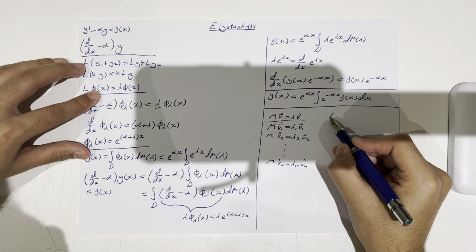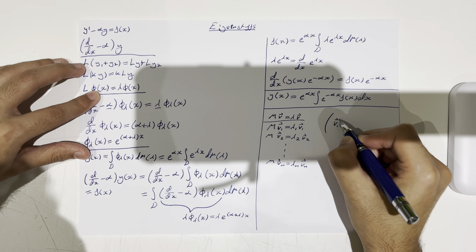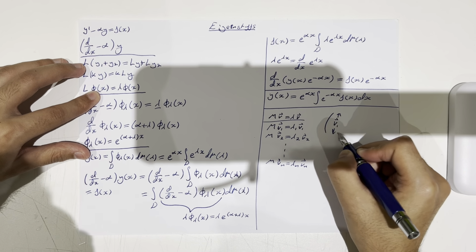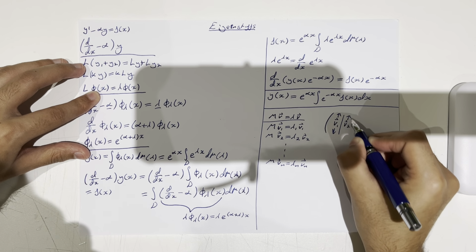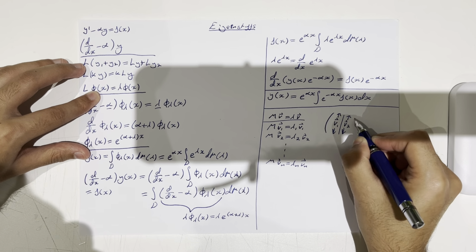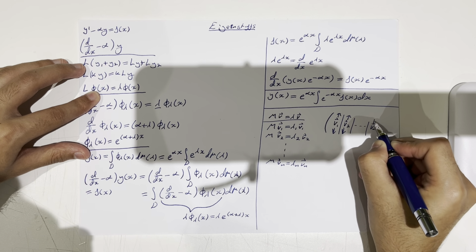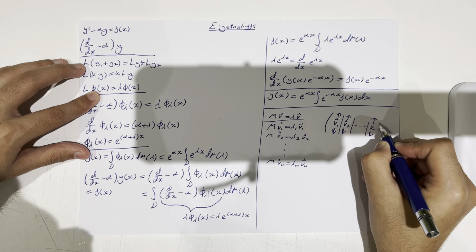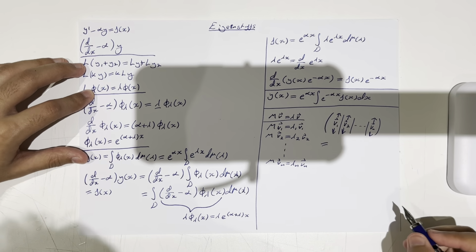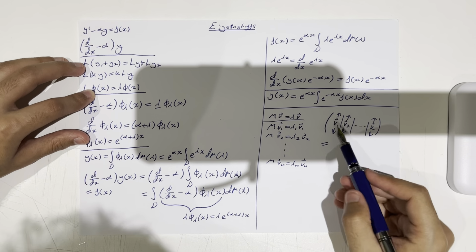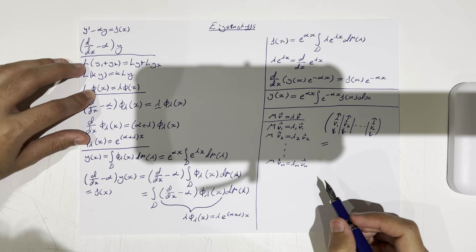So we may write a matrix that looks like this, v1, v2, and this can be written where we're putting all the entries into the column.